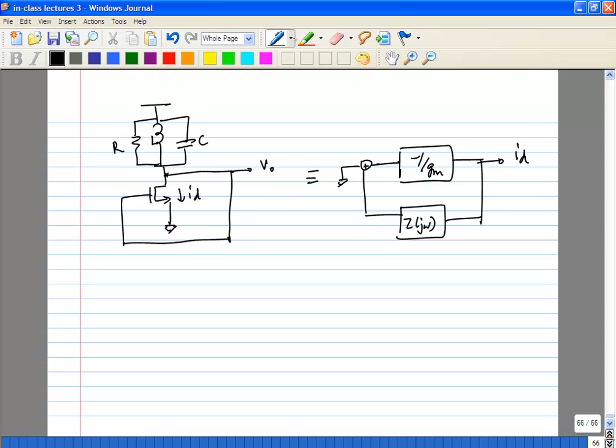Right, and this is V0. At resonance, what is the angle of Z of j omega? It's 0 because it's purely resistive.